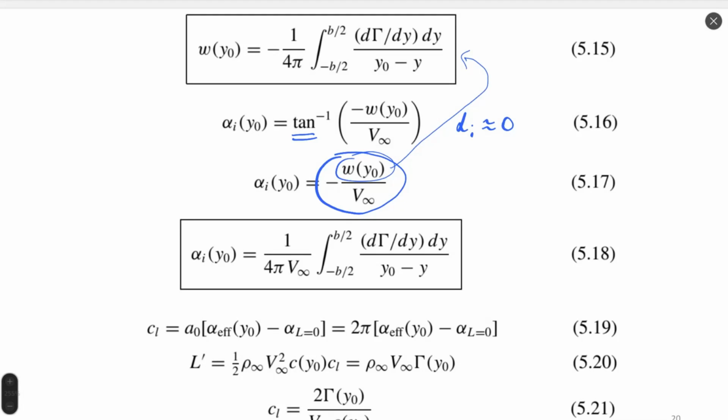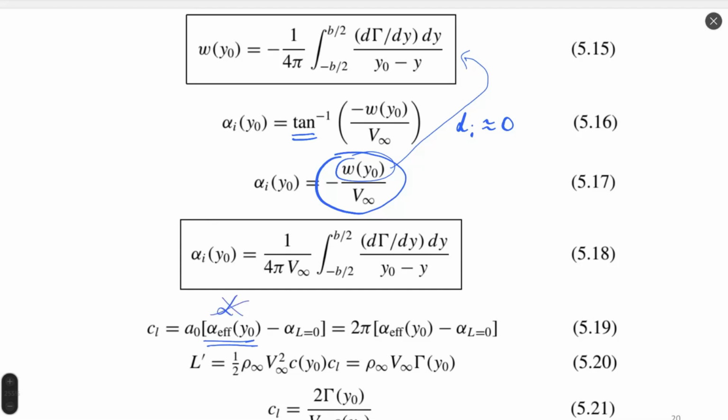Now, according to equation 19, if we look carefully, CL would be a product of a0, the lift slope, multiplied by effective angle of attack minus alpha L0, which is the angle of attack at which lift is equal to 0. Instead of using alpha for the airfoil, we are not using alpha anymore.